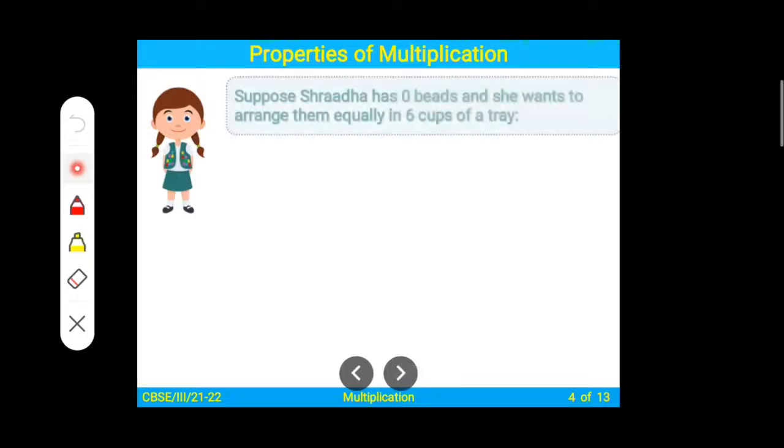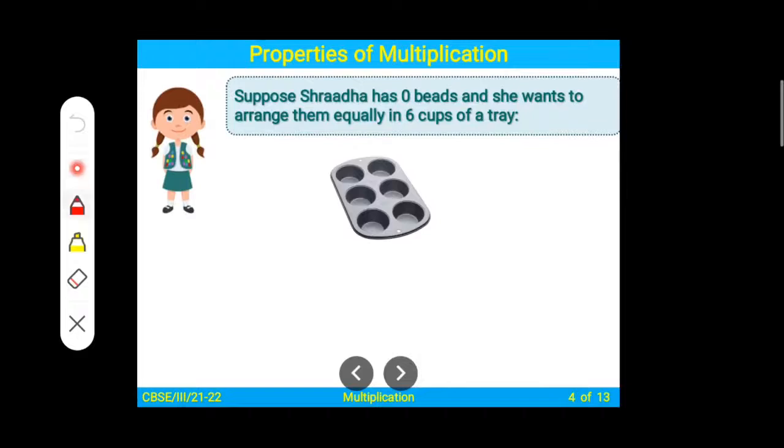Suppose Shraddha has 0 beads and she wants to arrange them equally in the 6 cups of the tray. She has no beads to arrange in the 6 cups. So how many beads are in each cup?